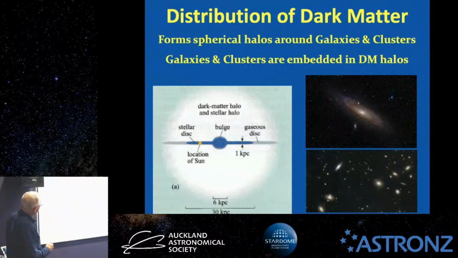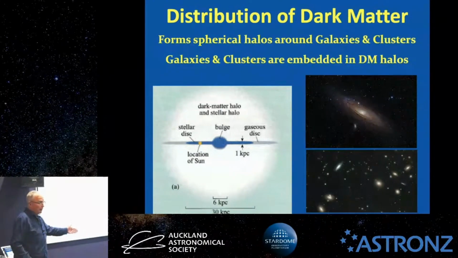So essentially, galaxies and clusters are embedded in dark matter halos. And the evidence suggests that in the Milky Way, the ratio of normal matter to dark matter is 1 to 10. There's probably 10 times more dark matter than normal matter around the galaxy in the halo. It's a massive halo in which these galaxies and their clusters are embedded.